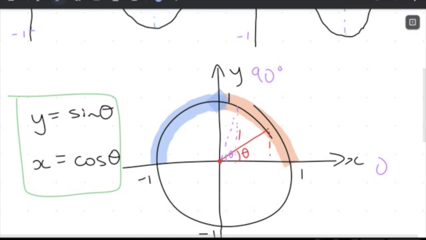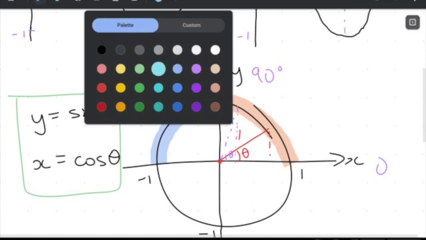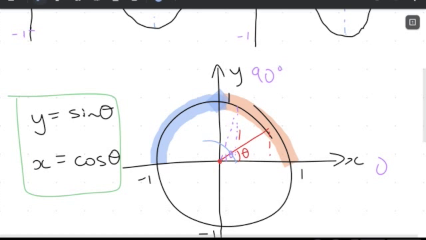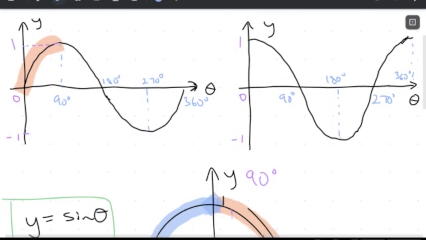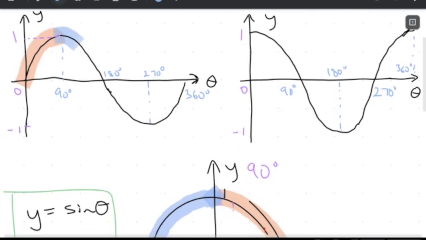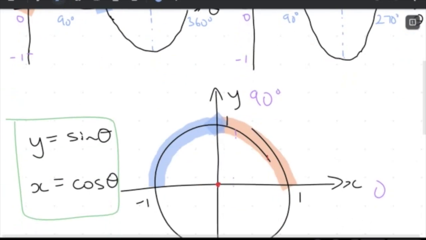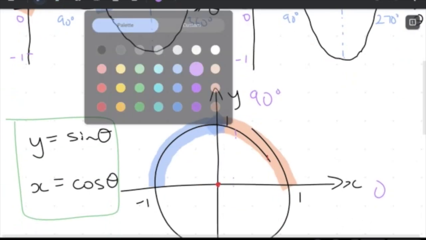So as my theta keeps getting bigger, once I start living in my second quadrant, my y coordinate gets smaller. It approaches 0 again. So just clearing some of this stuff up. Starting at 1 and making its way back down to 0, that's what's happening over here, from 90 degrees until 180 degrees.